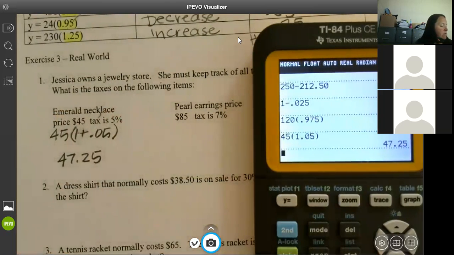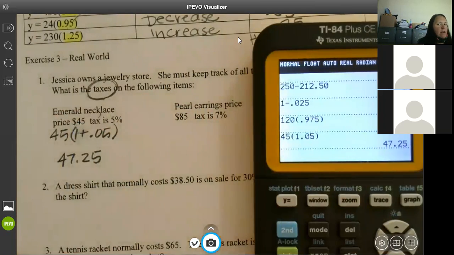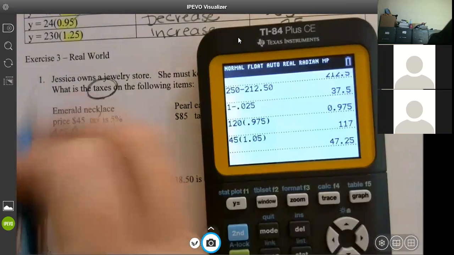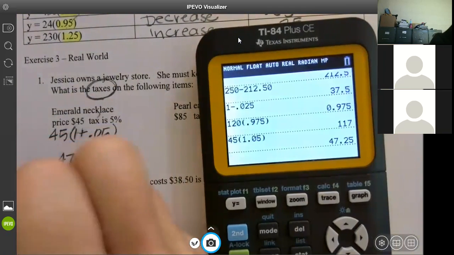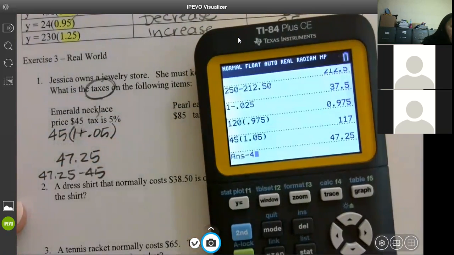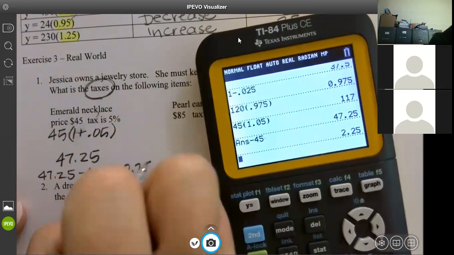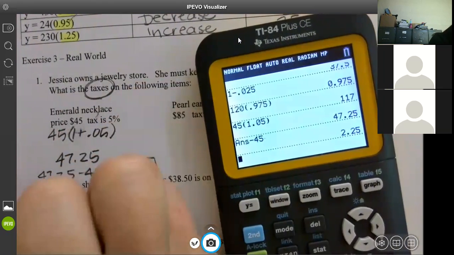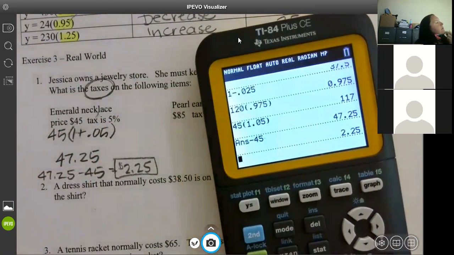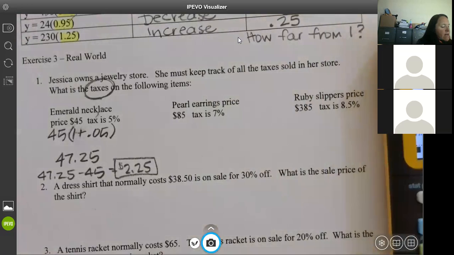What did it ask you? What are the taxes? So how would I figure that out? 47.25 minus 45 gives me, that's all. That's all they wanted. Okay, so all they want to know is how much tax you had to pay on the total cost. All right, how do I set the next one up?